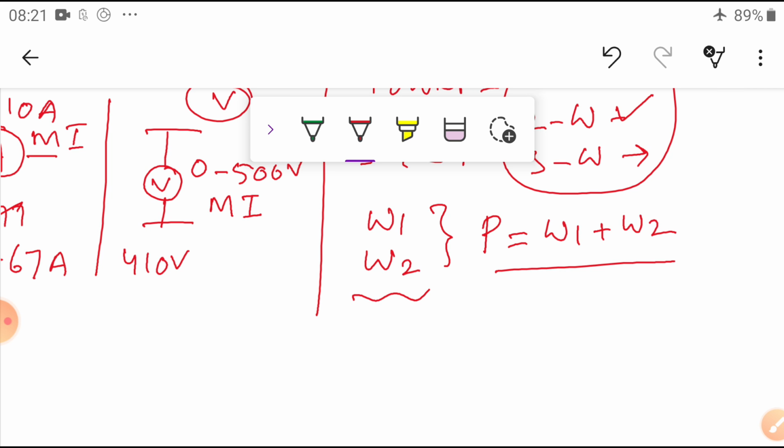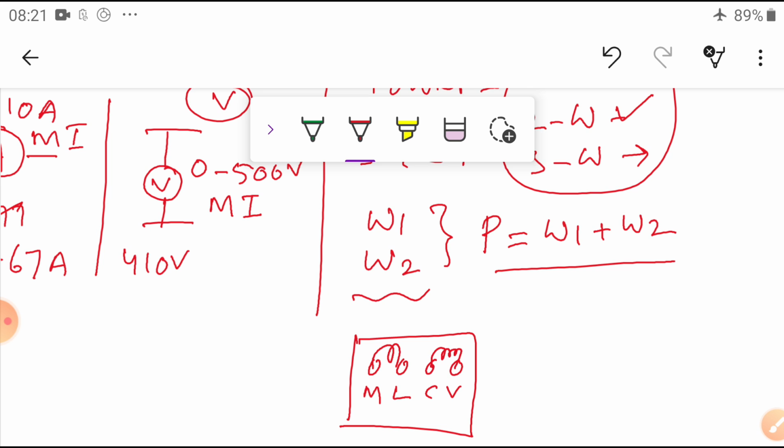So simply, a wattmeter consists of 4 terminals, that is M, L, C, V. What is ML? ML is the current coil, the CC coil. It has a very thick wire with fewer turns, whereas the pressure coil has more turns of very thin wire.